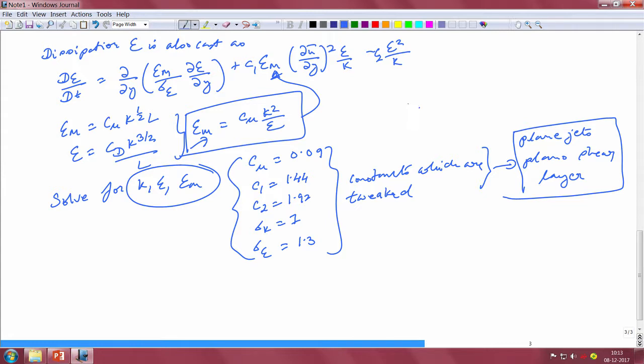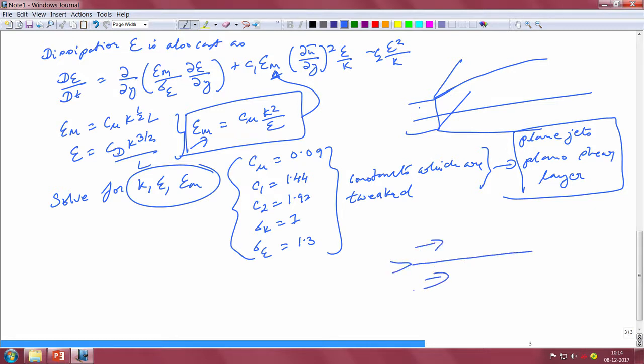So, plane jets means say a jet coming out of a 2-dimensional orifice, right. So, that is like a plane jet. A flat slit actually, not an orifice. Then plane shear layer will be if you have a splitter plane, and there are 2 flows on both sides. You will get this kind of a shear layer which will develop.